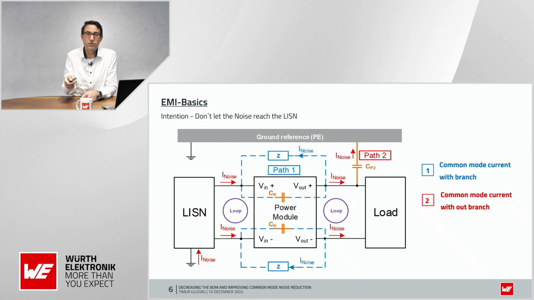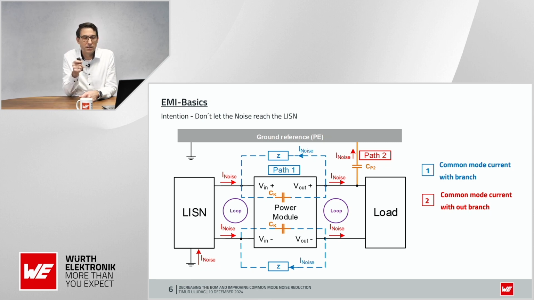The best would be if we can force the common mode current to go through the power module, go out, and then arc around the power module and circulate. This is the blue one here. This path 1 would be if we make a branch here. This branch is a capacitor, our Y-capacitor we are talking about today in the webinar, and how we can implement it.